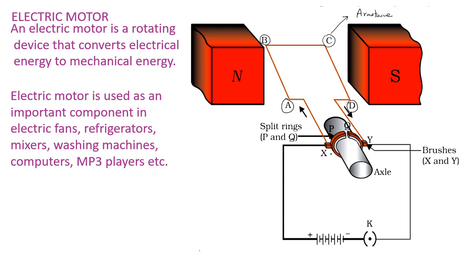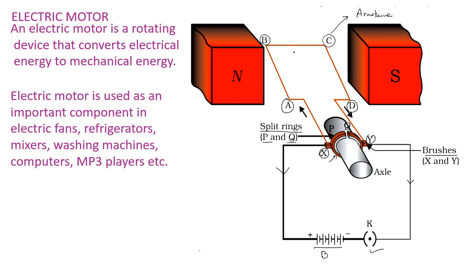This armature is connected with two metallic brushes X and Y. Now, these metallic brushes are in contact with two semicircular rings which are known as split rings P and Q. Now, X and Y are connected with an external source of current, a battery B, and a key.